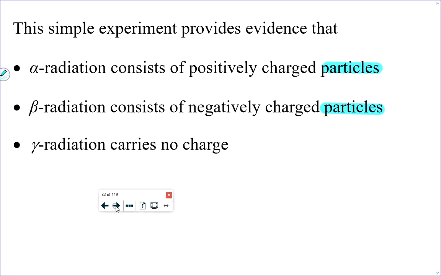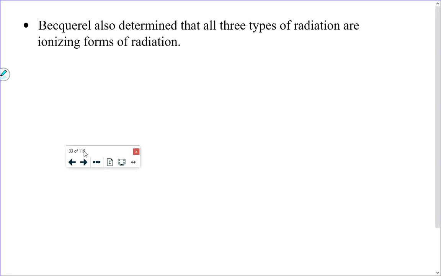All right, we're going to talk now about the properties of these. The first property of all of these forms of radiation is they're ionizing. What does that mean for living things? Possibly, hopefully not, it could be fatal. Why?